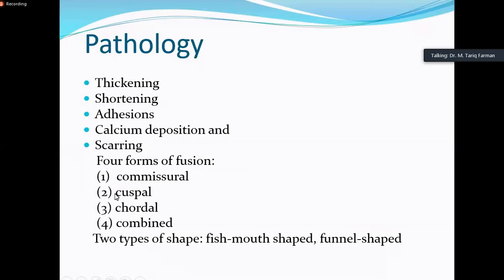So we have commissural fusion, and because of commissural fusion, again the orifice becomes narrowed, and cuspal fusion, then chordal fusion, and sometimes a combined mixture of all three fusions.